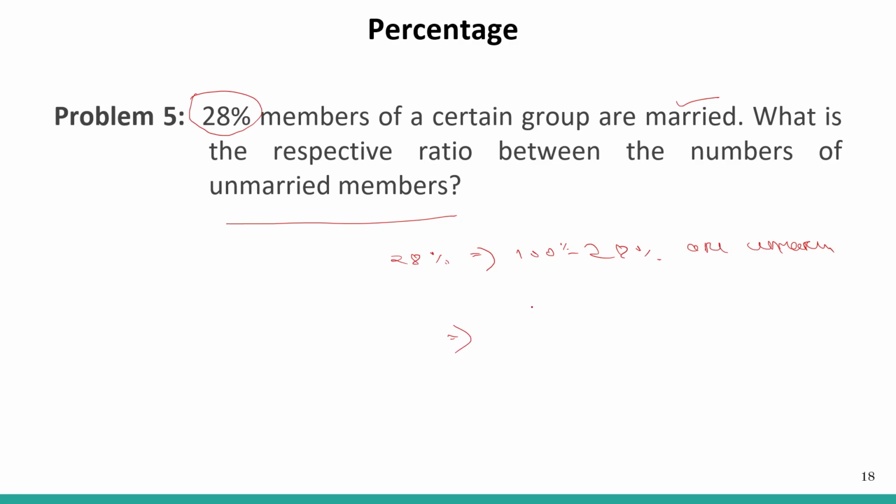If 28% are married, this implies that 100 minus 28%, that is 72%, are unmarried. So the ratio is 28 to 72, so 28 by 72.